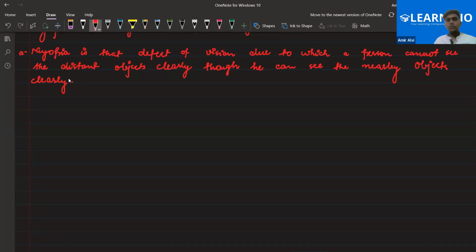Now let's talk about myopia. Basically, in myopia, the far point is less than infinity. Actually, the far point is at infinity, but the far point is shifted towards the near point. So that's why the far point is less than infinity. Suppose this is the far point, but the far point for the myopic eye is like this, so it is obviously less.